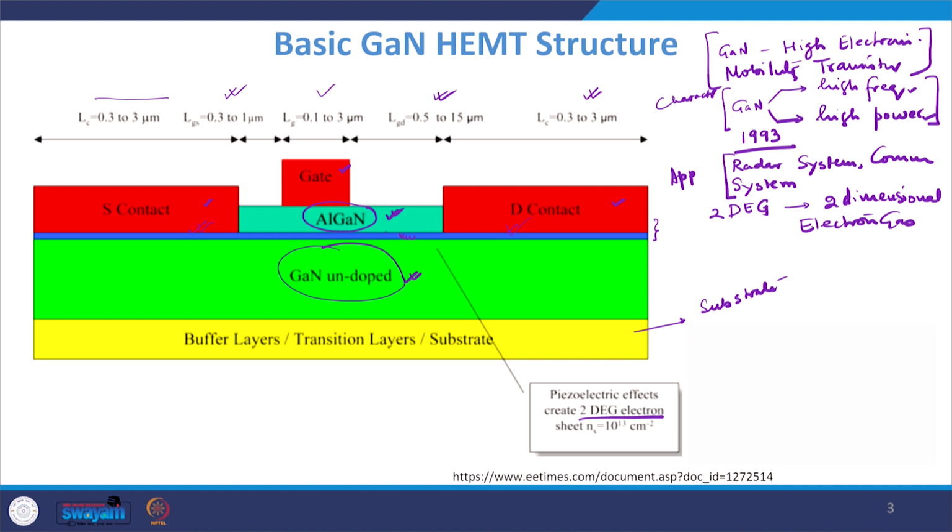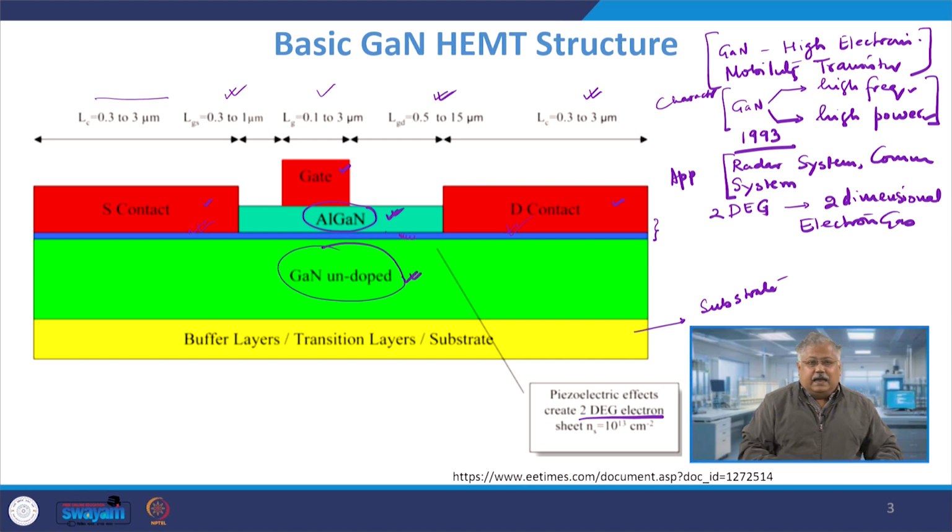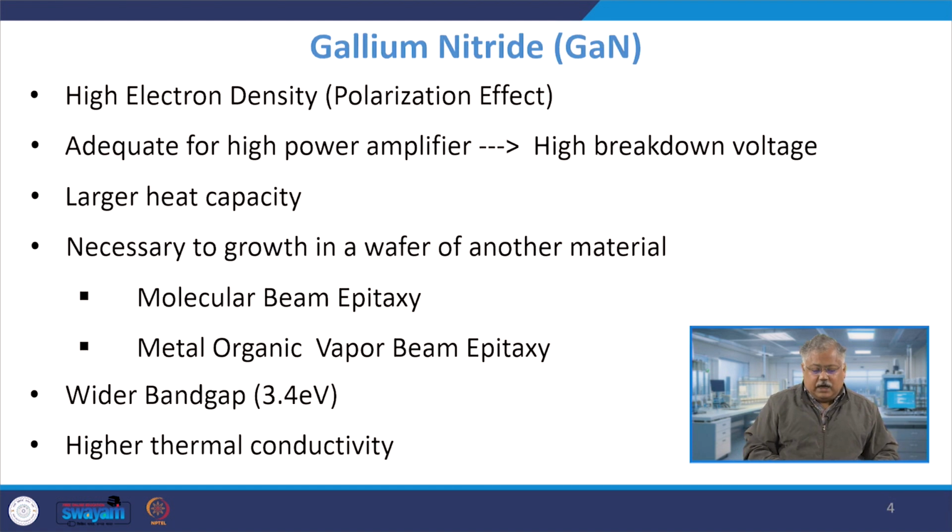The idea is, since GaN is basically a large band gap material, and AlGaN, aluminum gallium nitride, has a relatively smaller band gap. So, when these two band gap materials are stuck together, I get a 2D electron gas, and I will show you as we move ahead. Now, this effect of two structures being lumped together is known as a polarization effect, and that results in high electron density, right.